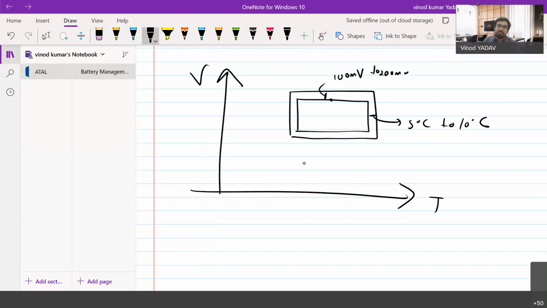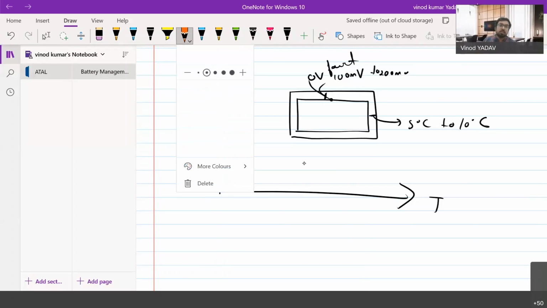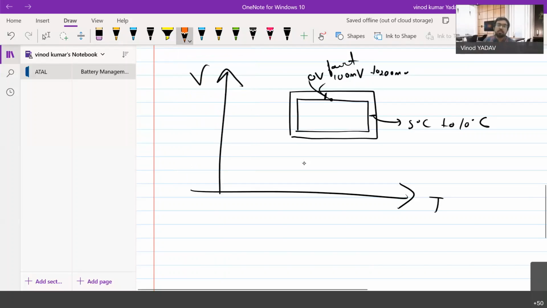When the system reaches here, it will give the signal for the over voltage fault. The algorithm will run in the battery management system in such a way that it will signal the system that the battery is working in over voltage, and it will give a signal to the contactor so that the battery will be disconnected.